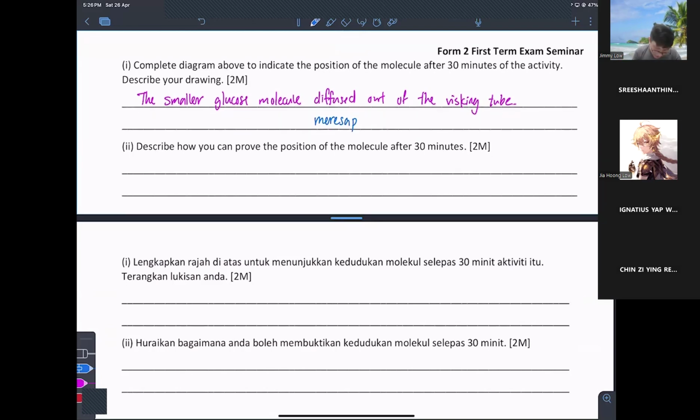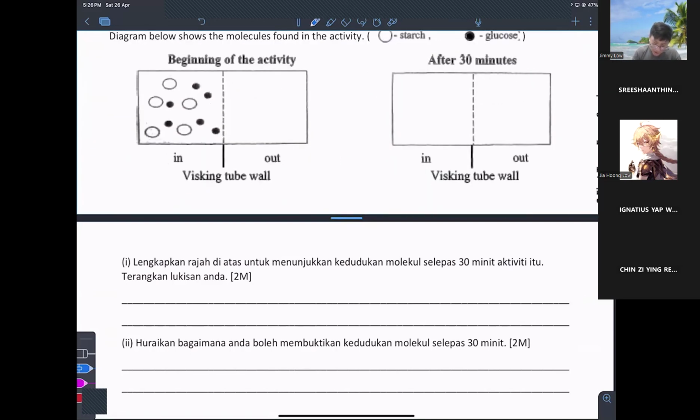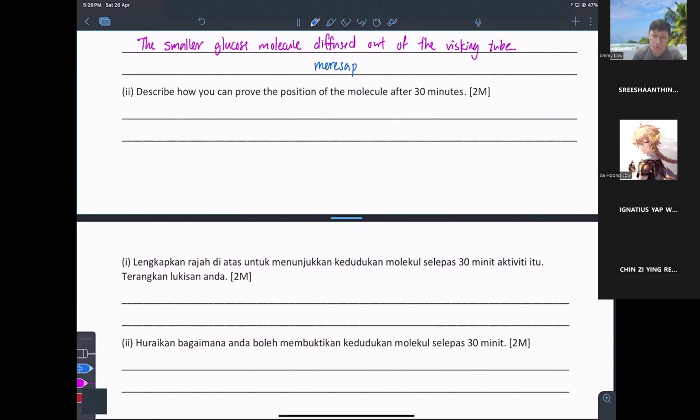Next, describe how you can prove the position of the molecule after 30 minutes. You can prove that the glucose is there. What I'm going to do is use the Benedict test.